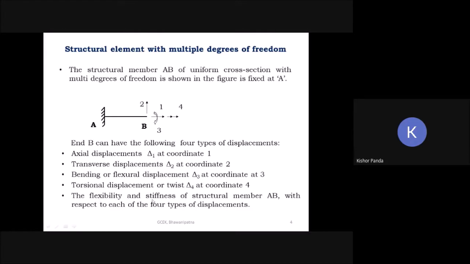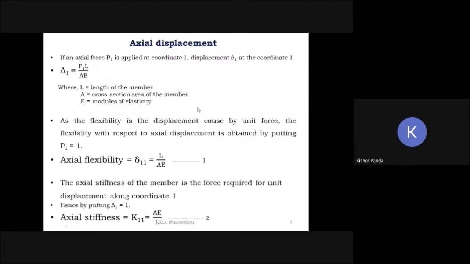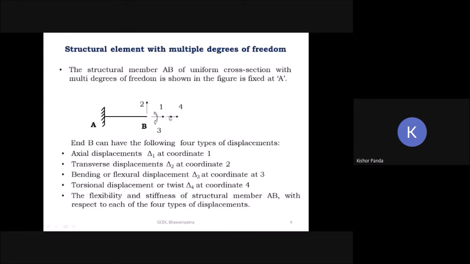The flexibility and stiffness of a structural member AB with respect to each of the 4 types of displacement, you have to find out. So first we'll take the axial displacement. When the axial forces are acting along coordinate 1 in the axial direction, what is the flexibility and what is the stiffness that you have to find out.